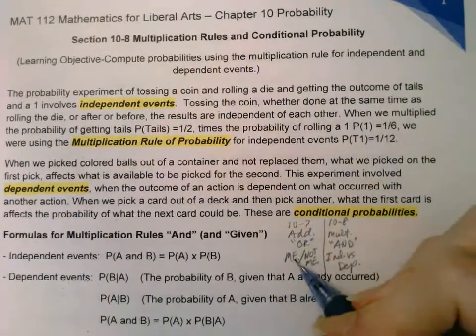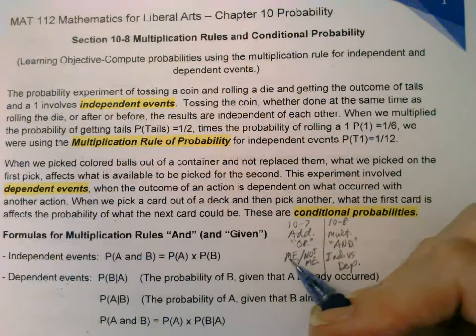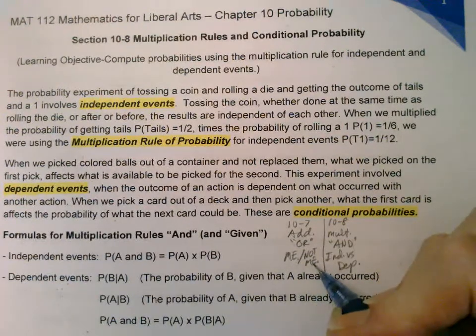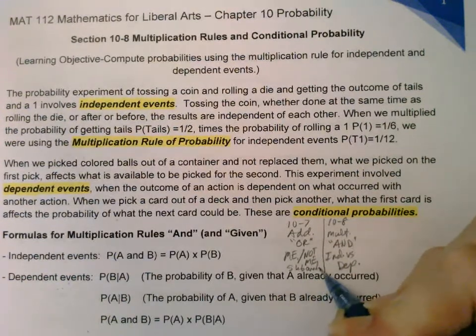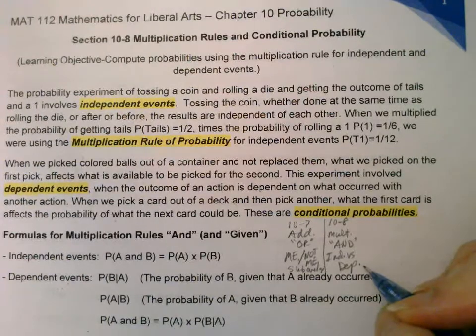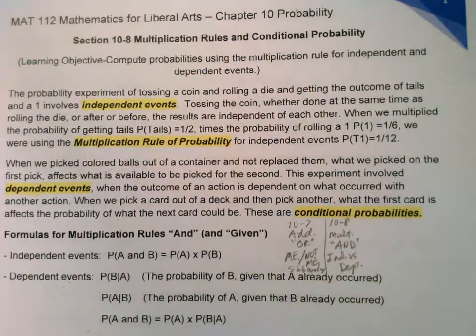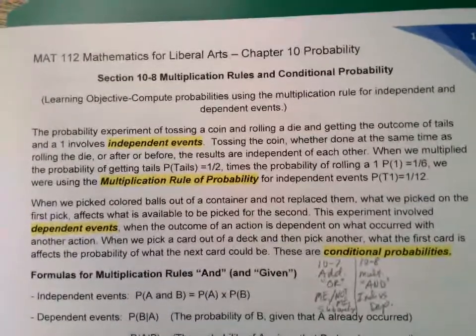Remember, if it's mutually exclusive, you're adding two probabilities together and getting your answer. If it's not mutually exclusive, you are subtracting the overlap. Independent and dependent events change the multiplication problem as well. So let's look at that.